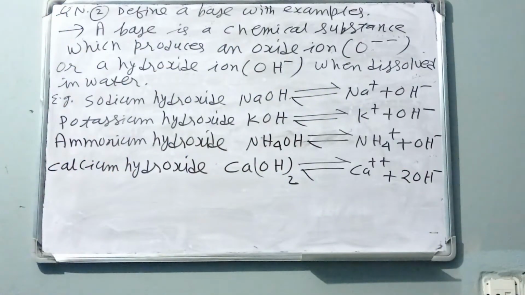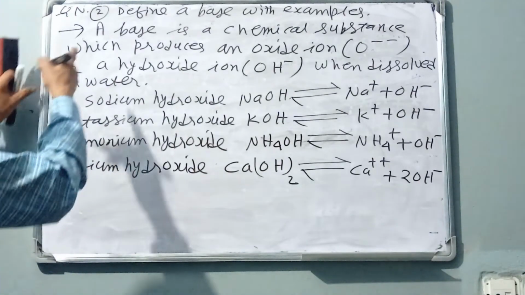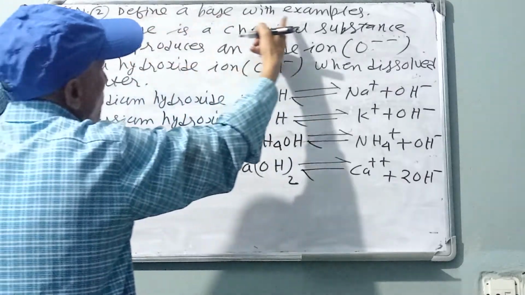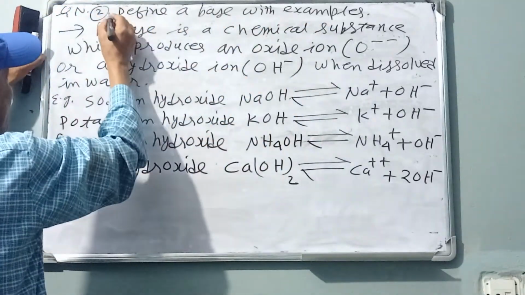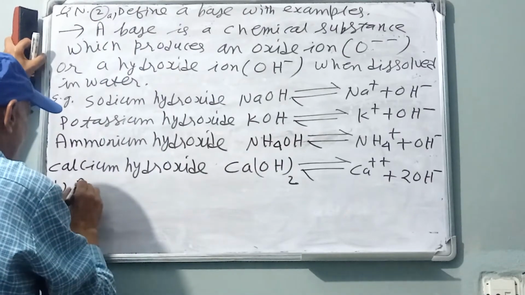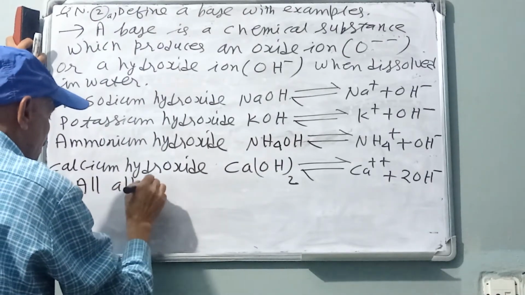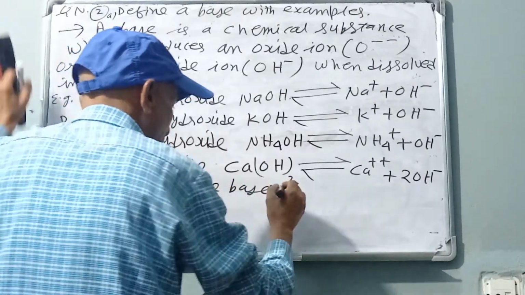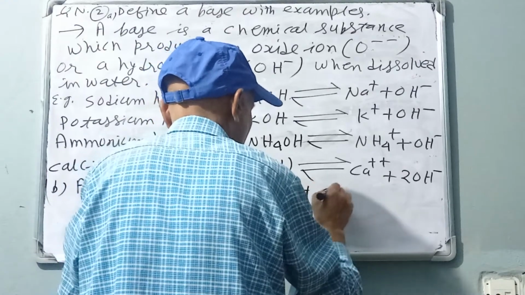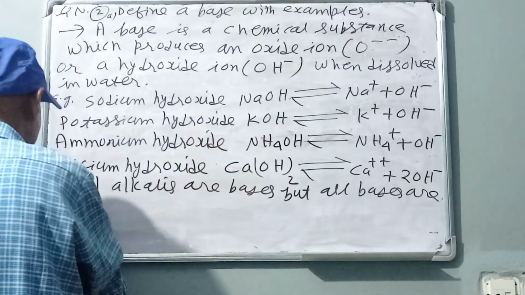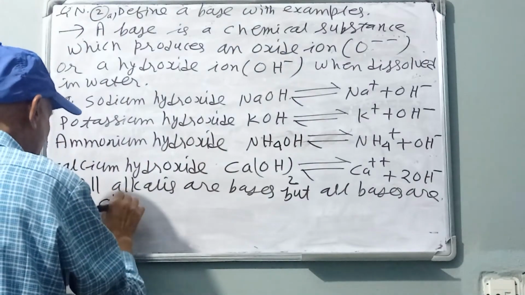See, types: soluble base and insoluble base. And one question can be asked from define a base with examples. On this, if this is A, this is B, I write one question: all alkalis are bases, but all bases are not alkalis.